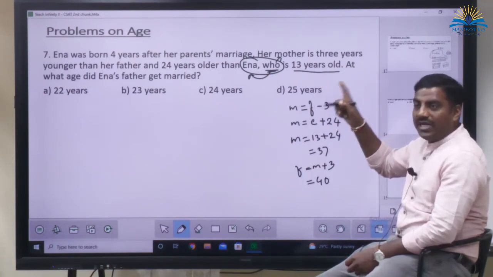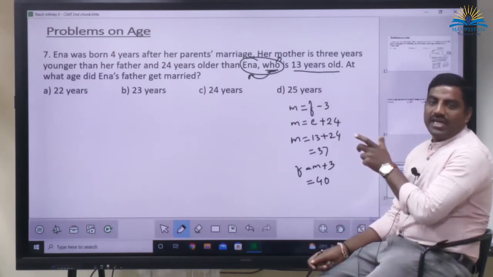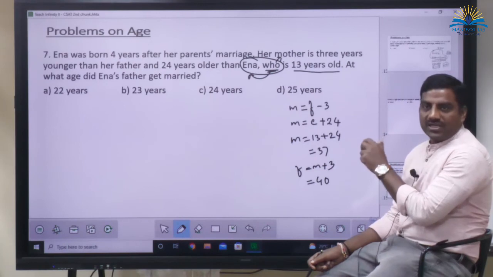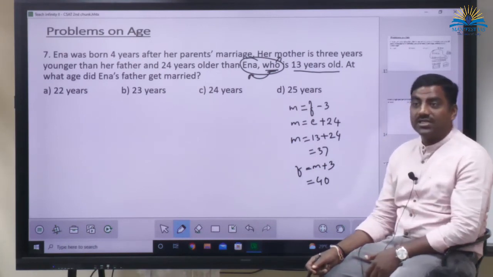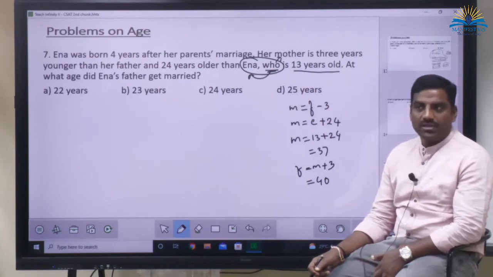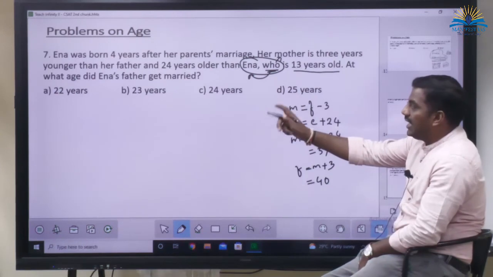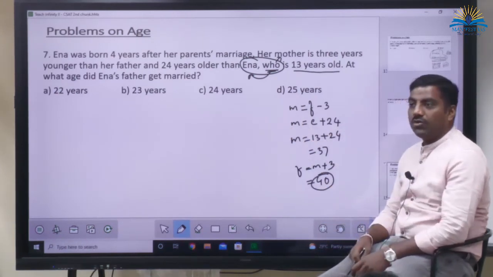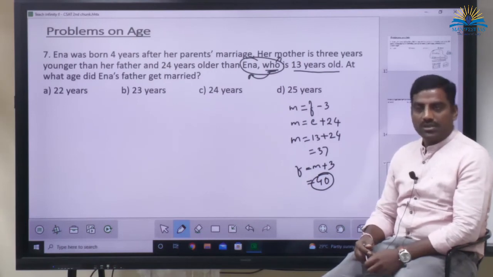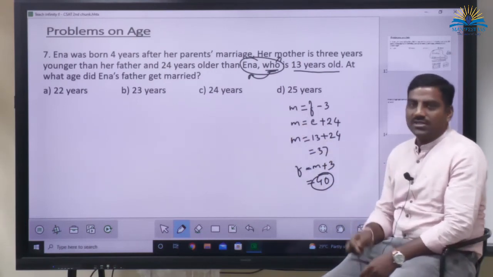So, now how many years for the marriage? 4 years gap and Ina's age. 4 plus 13, 17. So, now 17 years is the marriage. Like, they have married 17 years ago. So, then Ina's father was how much? Now, Ina's father is 40. During the marriage, 40 minus 17, 23. Beautiful question this is. Yes or no?